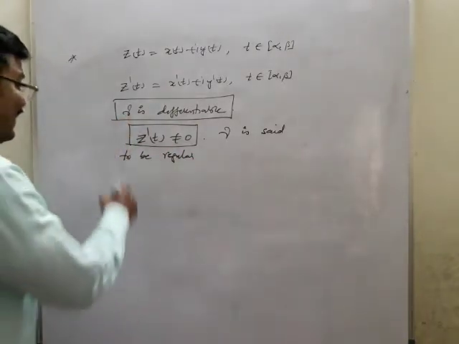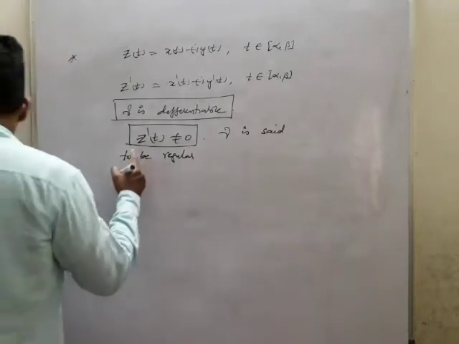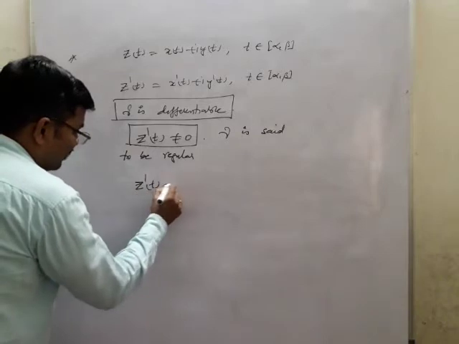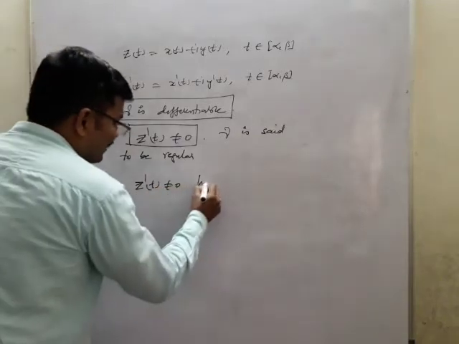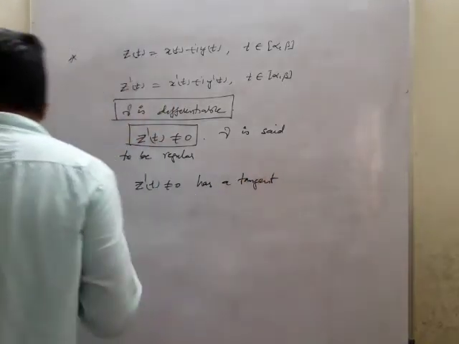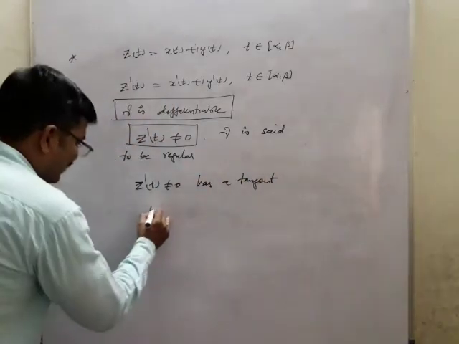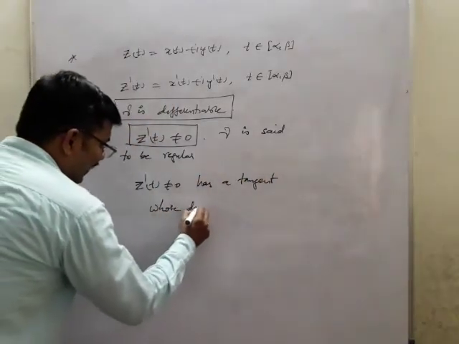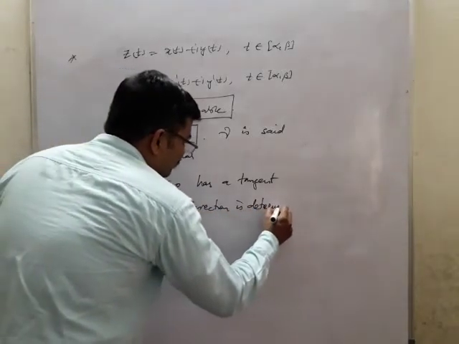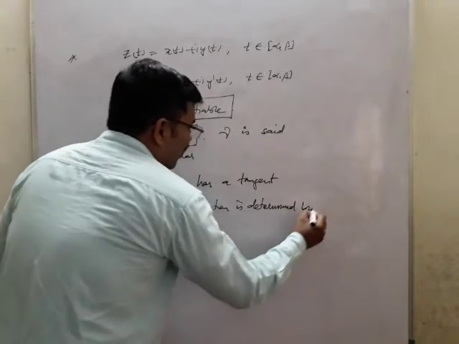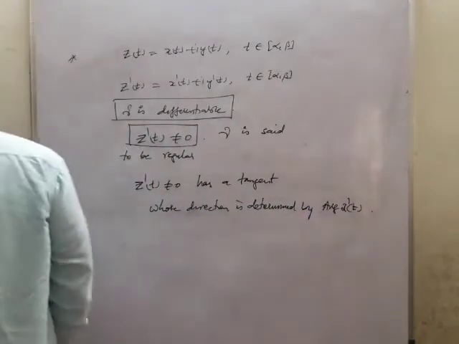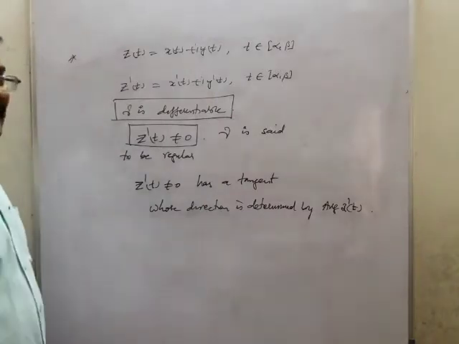As well, there exists a tangent, whenever z dash of t is not equal to 0. It has a tangent whose direction is determined by the argument of z dash of t.